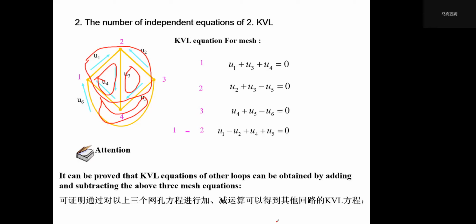Which means the number of the independent KVL equations is also limited or constrained by the inner structure of the topology of this circuit.